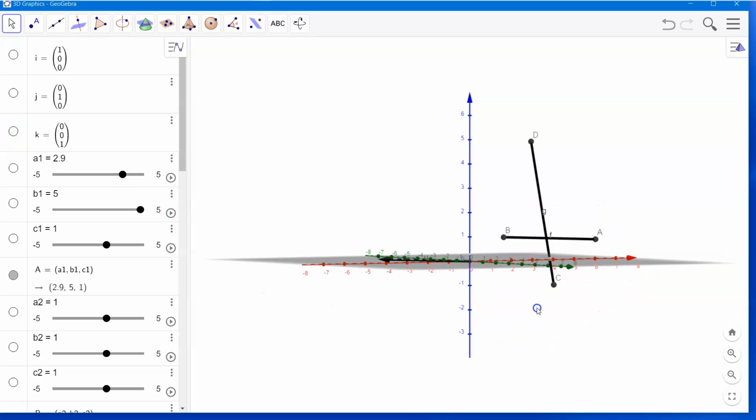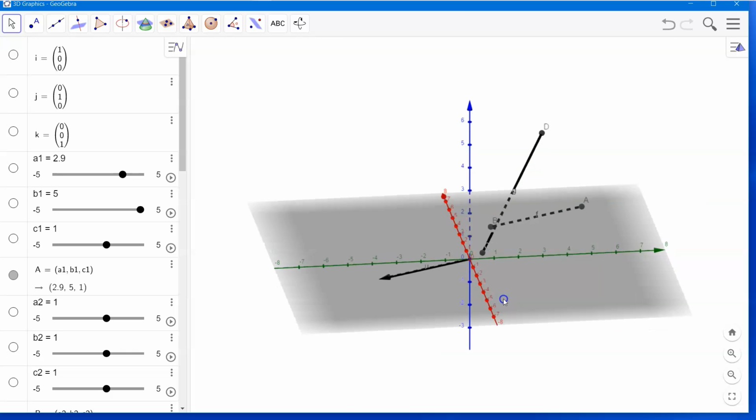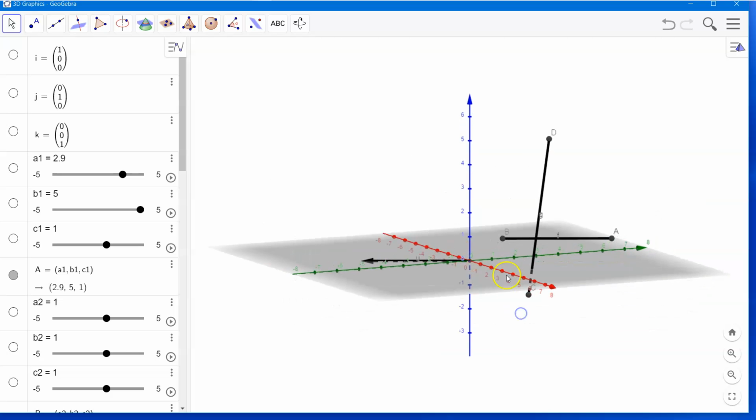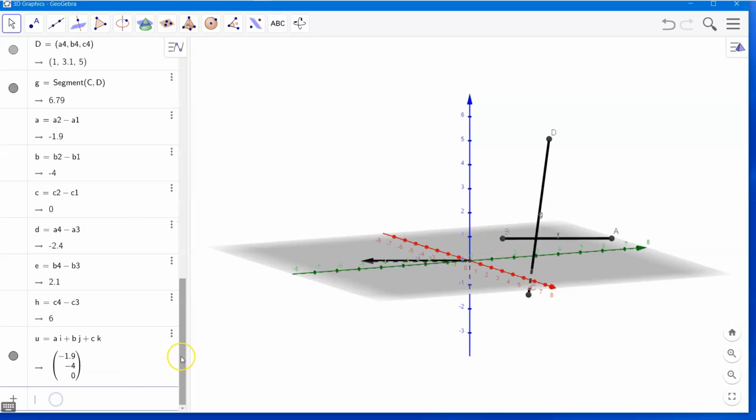Now if you notice, these two lines are parallel to each other, AB and this vector. By doing this, basically we are moving the line AB to begin from the origin. The direction of the vector itself doesn't matter to us.